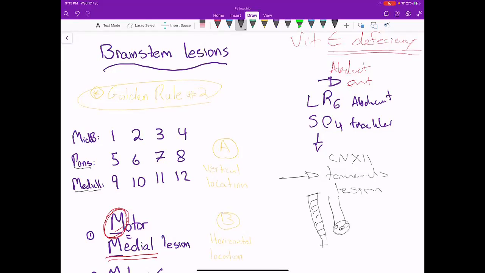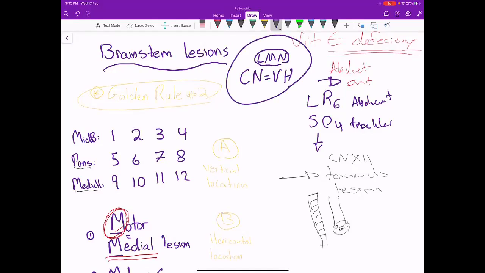Well, guess what? In the cranial nerves, there's the same exact thing. The cranial nerves equal the ventral horns. It's the same concept. They are all lower motor neurons. Okay?